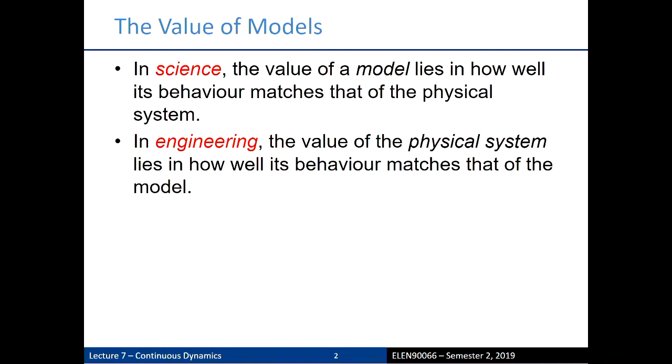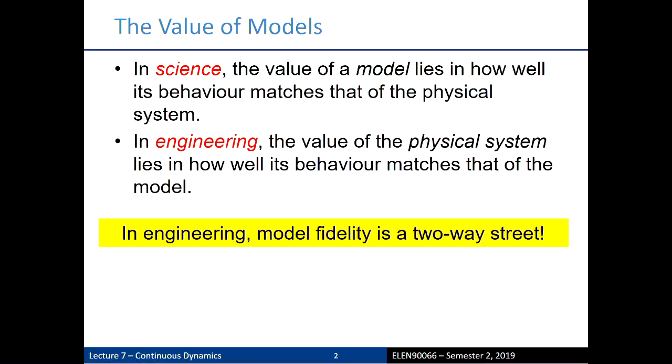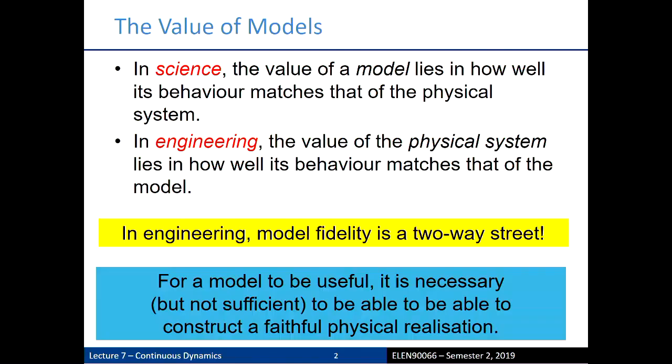That almost doesn't make sense, but think about it. Science is generally looking at the forces of nature and that sort of stuff. Engineering, we are looking at things that we've actually built. Okay, these are constructed things, right? So the value of the physical system lies in how well its behaviour matches that of the model. And in engineering, model fidelity, so the accuracy of a model, it's a two-way street.